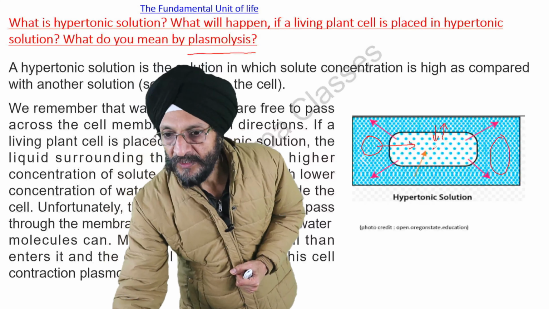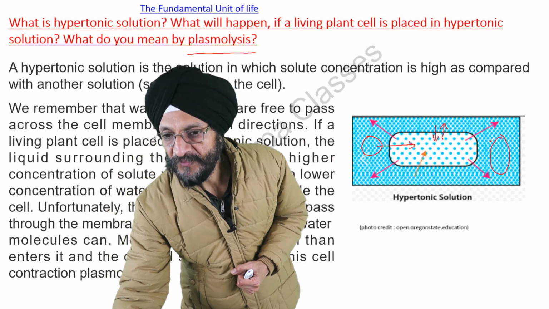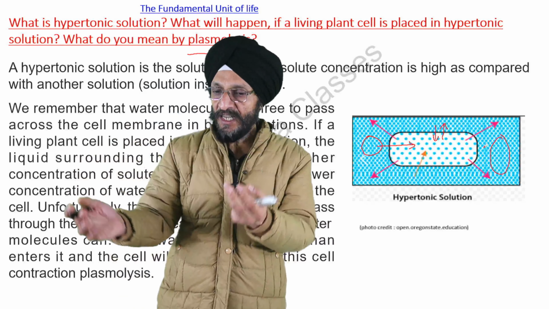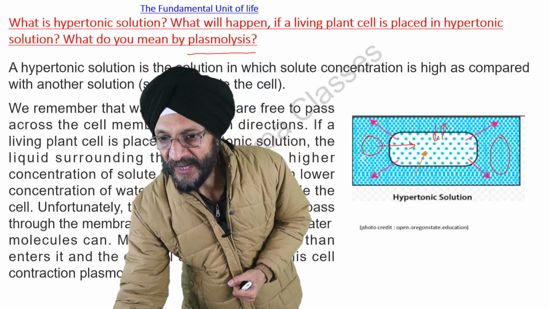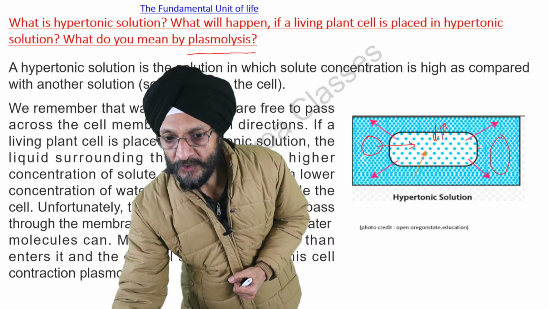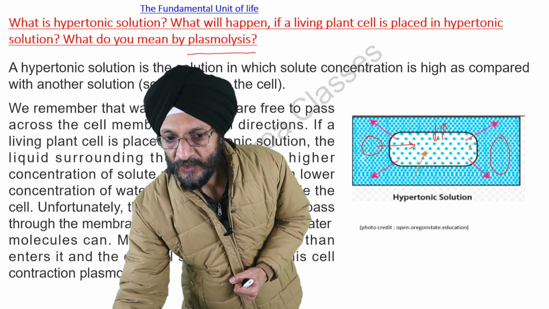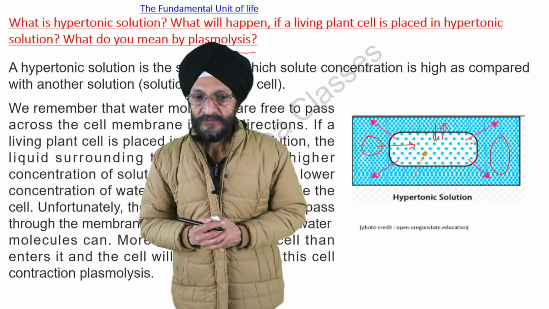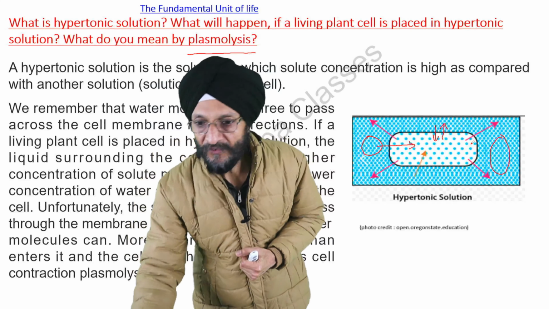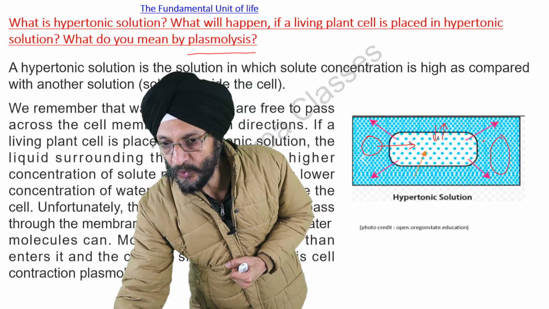Unfortunately, these solute particles which are present outside the cell membrane cannot pass through the membrane to reach equilibrium. So ultimately, the water molecules can pass through the cell membrane.